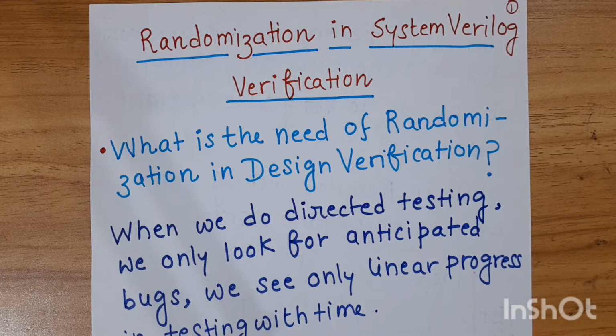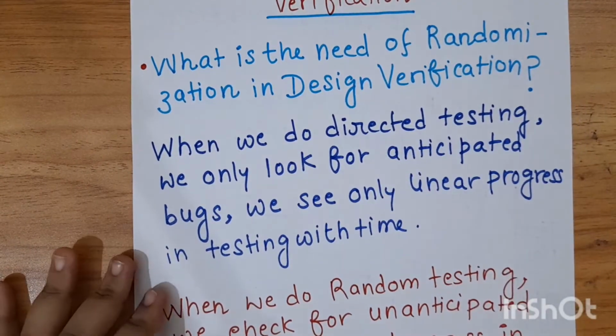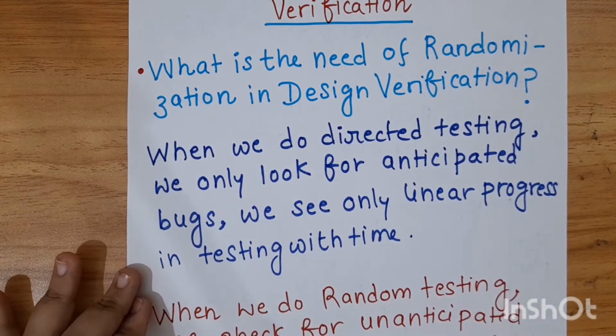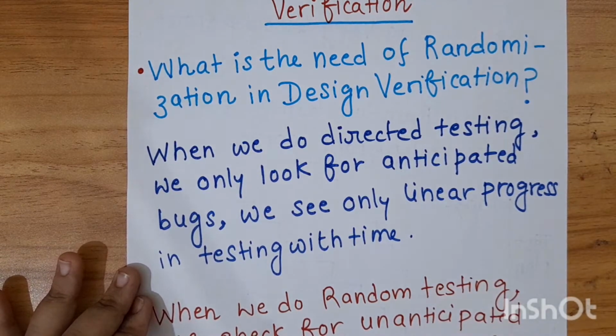So randomization plays a very important role for verifying such big circuits, which is beyond the imagination of our limited brain. When we do directed testing, we are testing the bugs which are anticipated. So we see a linear progress in testing with time.